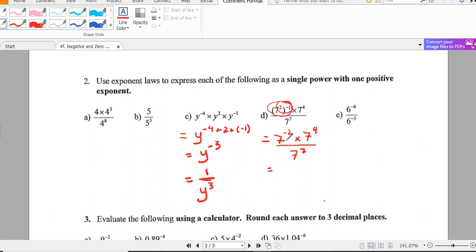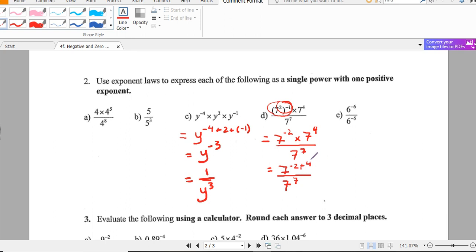Then, since we're multiplying in the numerator here, we can add the exponents, so negative 2 plus 4, divided by 7 to the exponent of 7. And I'm just copying this bottom part down. The denominator stayed the same.